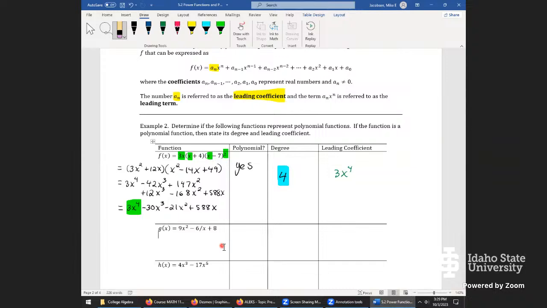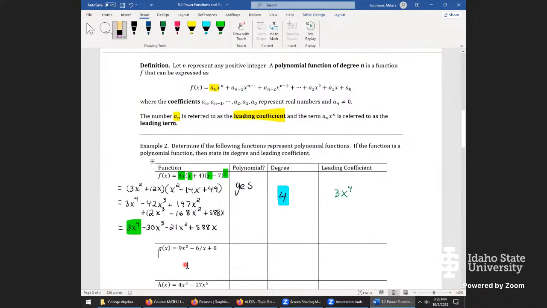True. But we need to put a power on x itself. And that's kind of the issue with this one. It looks fine at the moment, but if we look at our form for a generic polynomial, x should always be in the numerator of every single one of those terms. And another requirement was n is a positive integer, which means all of your exponents had to be positive as well.